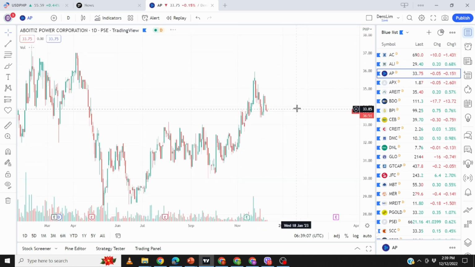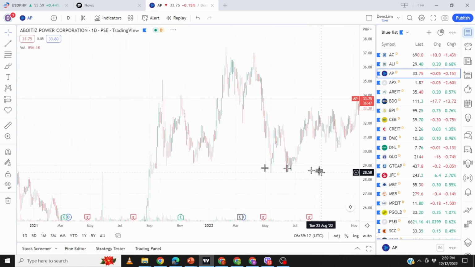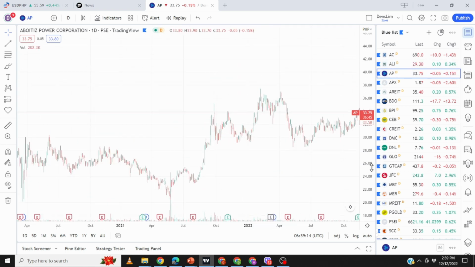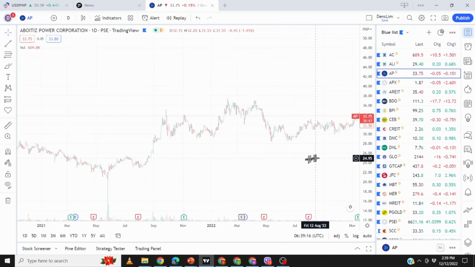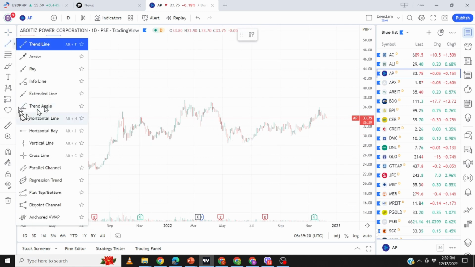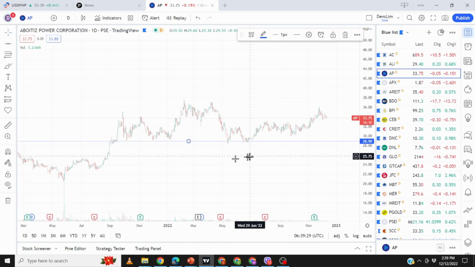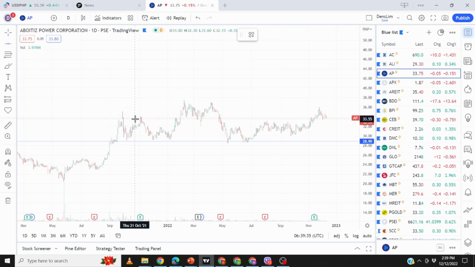So if you look at AP here, okay, let's squeeze in the time frame. You can see here at this level, let's get a horizontal line here. You can see at this level 28.85, 29, 28. It's a clear support level, right? So let's draw a resistance line here.